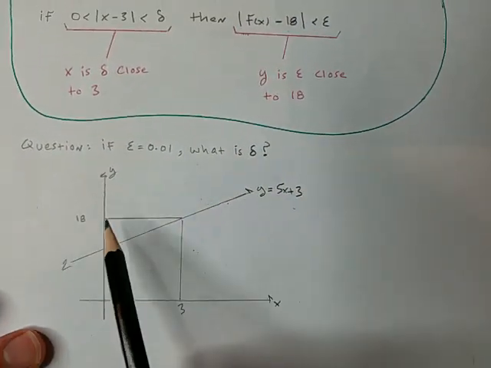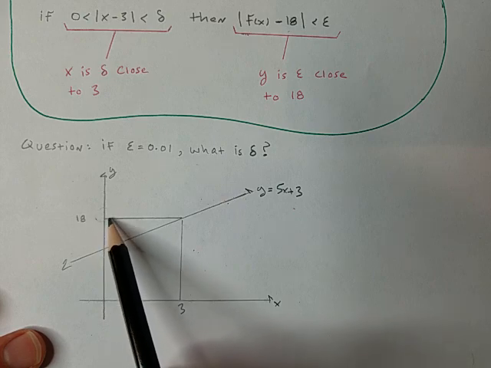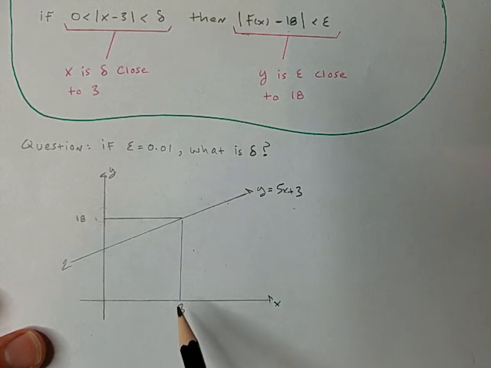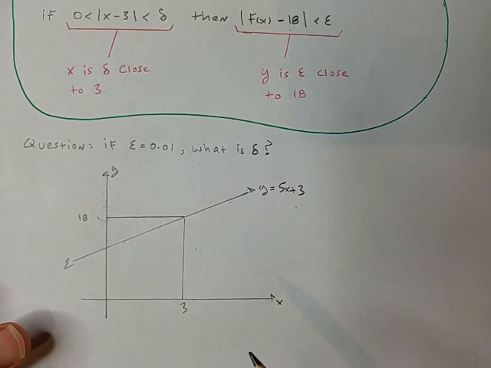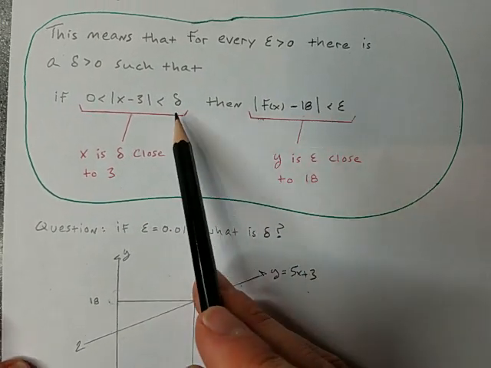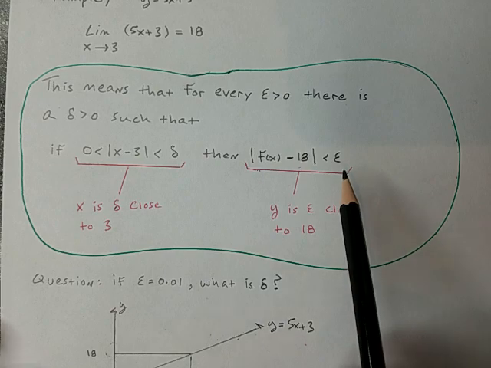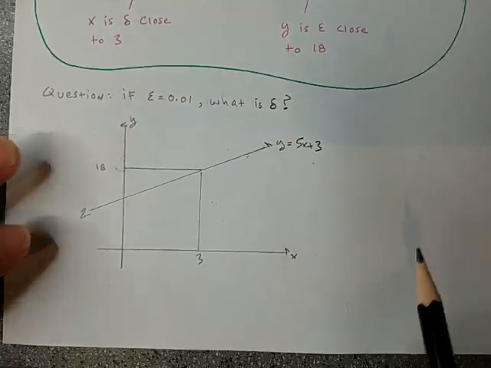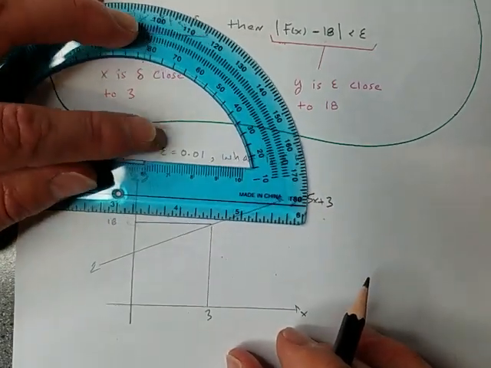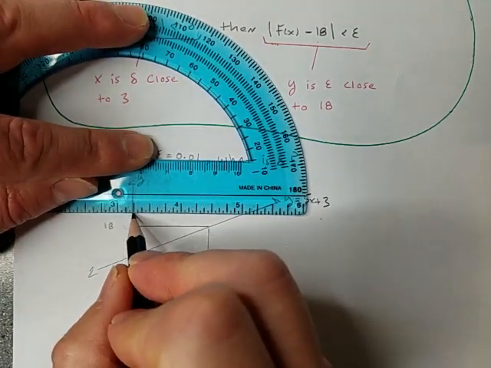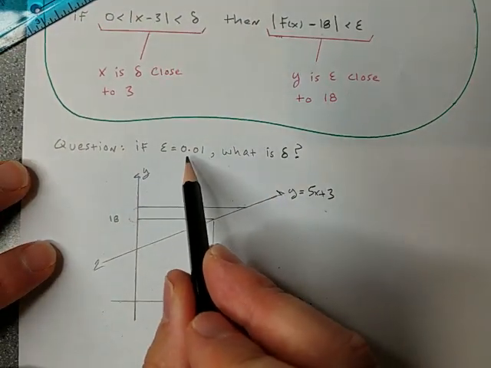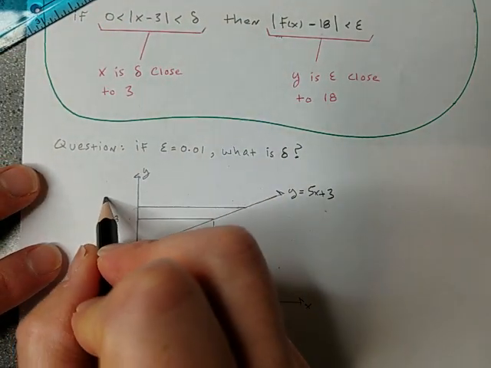So yes, if I want you to be within some microscopic neighborhood of 18 for y, I can tell you how close you need to be to the 3 for the x, right? That's what the epsilon and delta are. The epsilon is the tolerance on the y value, and the delta is the tolerance on the x value. So our numbers look like this. So what was our y tolerance? Say epsilon 0.01. Okay, so 18.01.